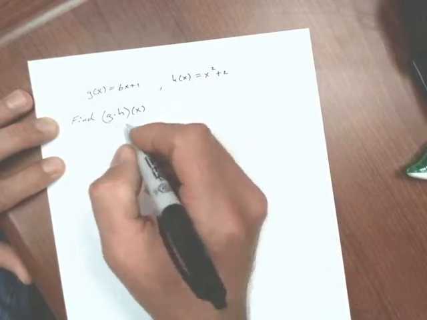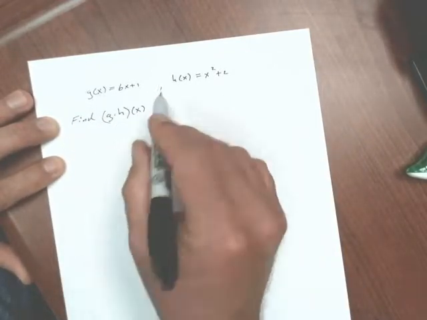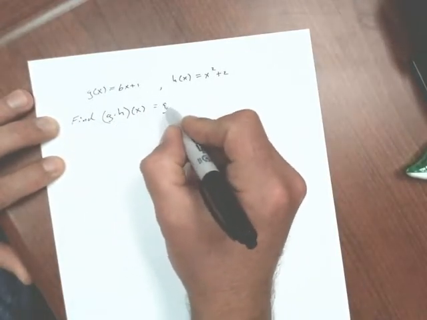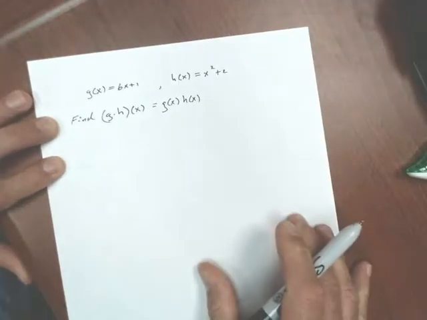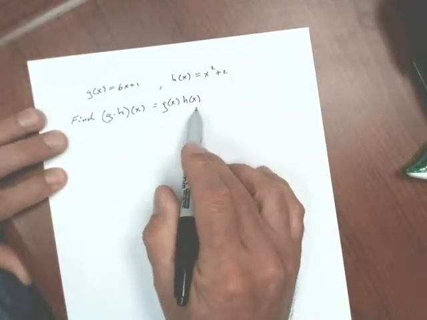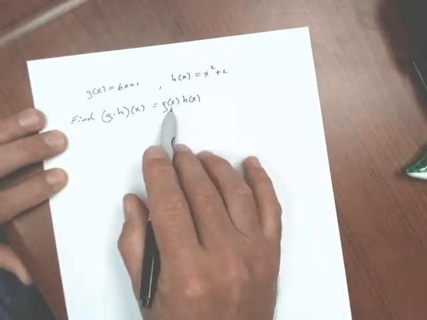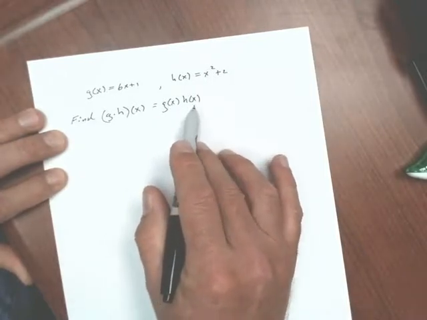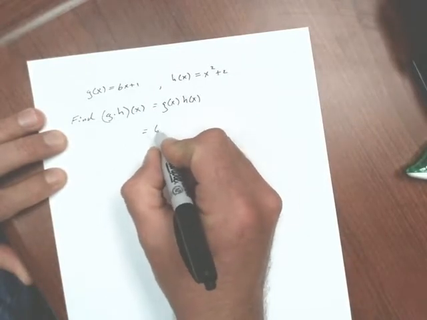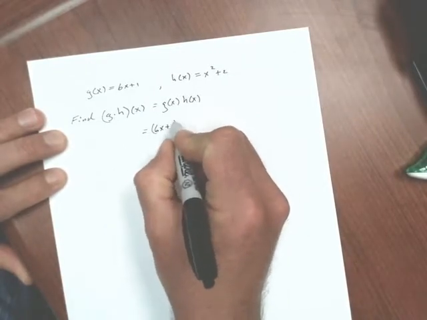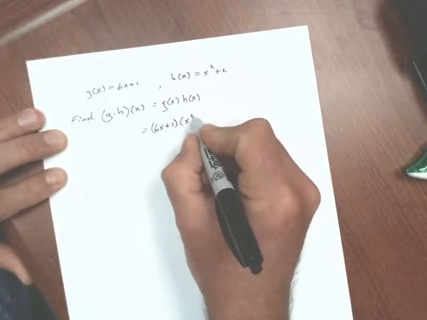If I want to find that, it equals g of x times h of x. This is the algebra of functions. Now what we need to do is take g of x and multiply it by h of x. So this equals 6x plus 1 times x squared plus 2.